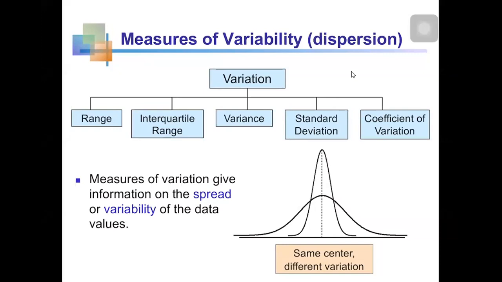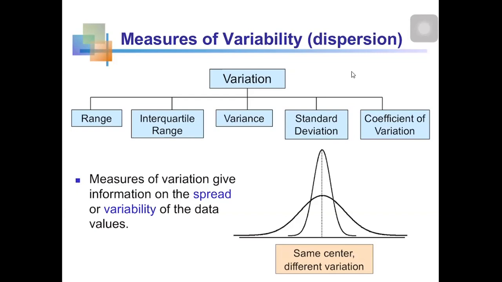For measure of central tendency, we learned about mean, median, and mode. For measure of shape, we learned about normal distribution and skewness, which is skewed to the right and skewed to the left. For this video, we will learn about measure of variability.